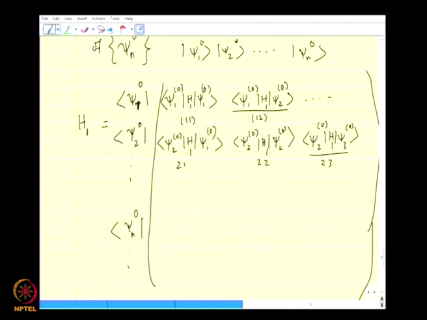So this is the nth diagonal matrix element somewhere here.